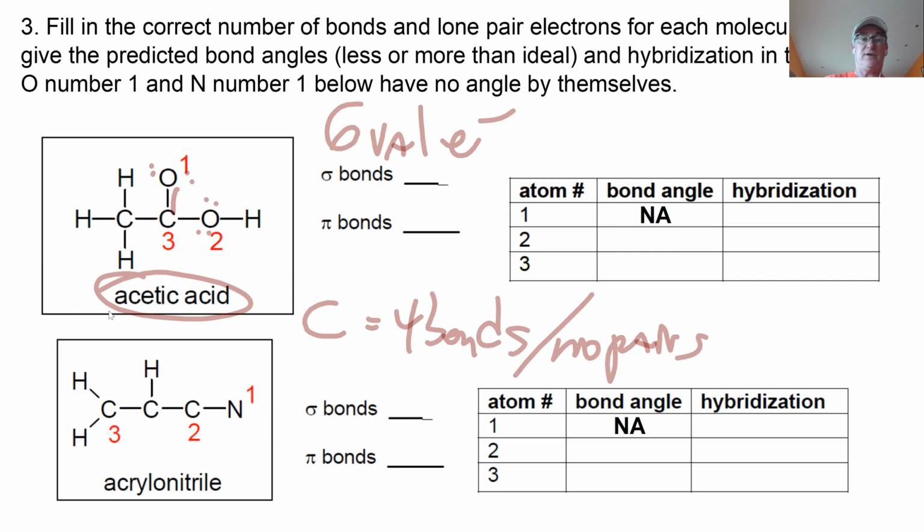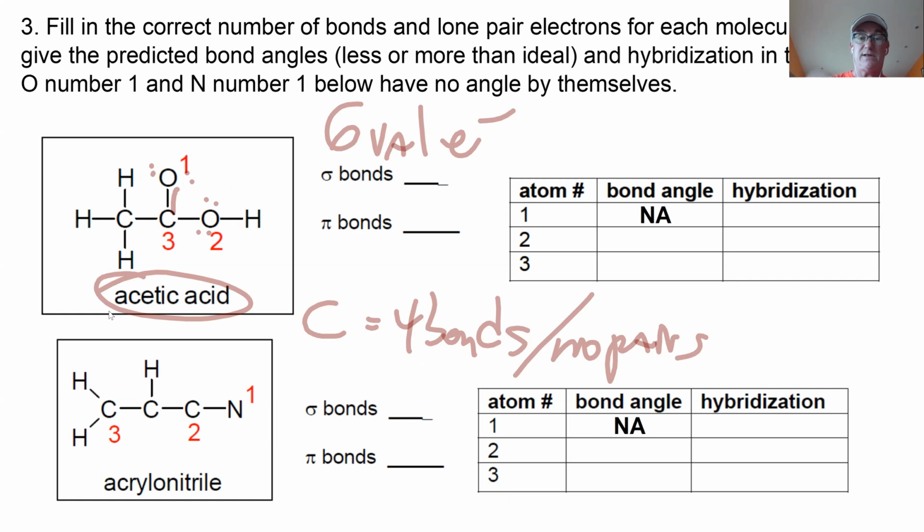So if you see, for instance, oxygen 2 here already has 2 bonds, it's unlikely it's going to make 3. Oxygen almost always makes 2. So if you have an oxygen already making 2, all it needs is 2 more lone pairs. So you put them on there and that oxygen's happy. However, this other oxygen is only making 1 bond. Give it another one, so it makes 2 and 2 pairs. So now both oxygens have 2 bonds and 2 lone pairs.